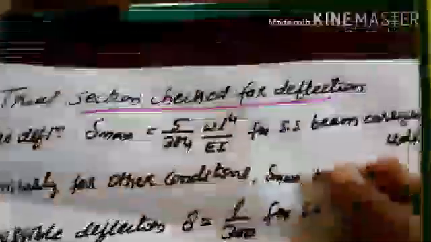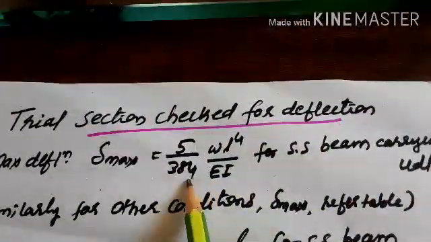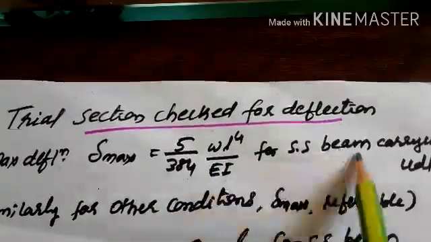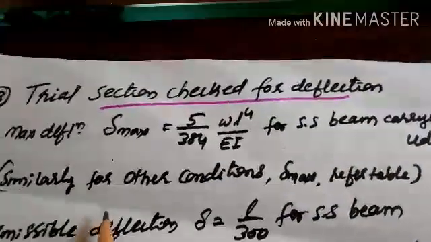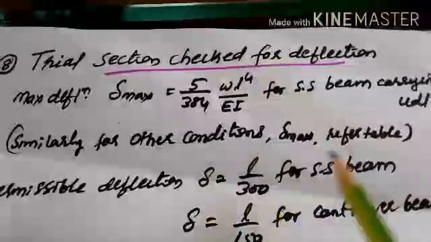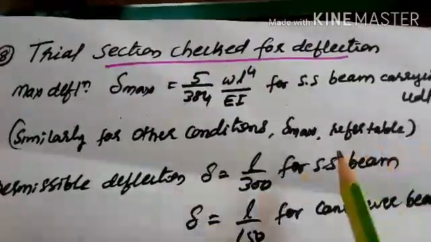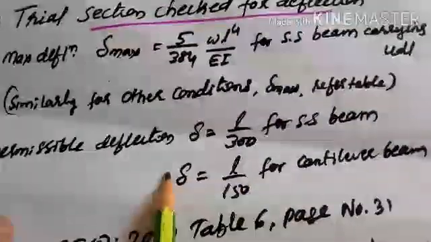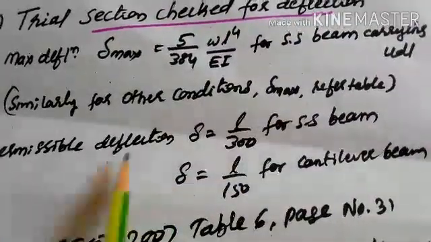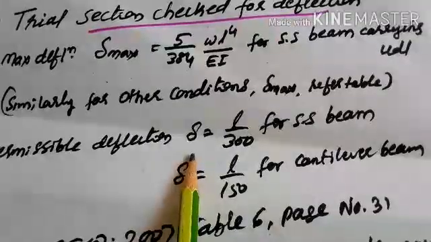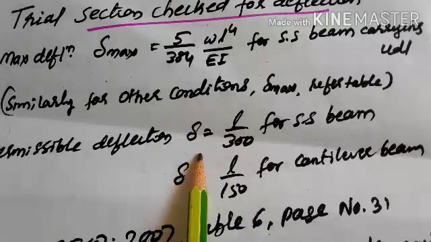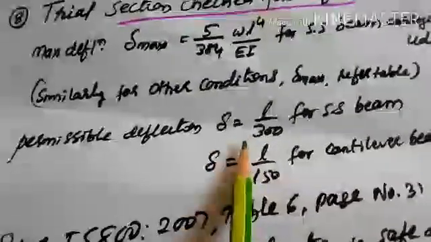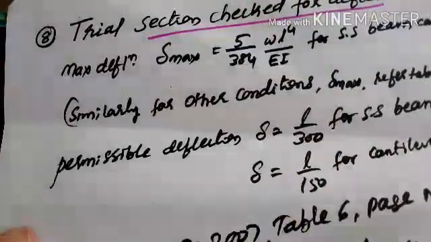In this one, I have taken a simply supported beam. The delta max can be calculated as 5 by 384 wL raised to 4 by EI for a simply supported beam carrying a UDL. Similarly, for other conditions, you can refer to the different delta max expressions. Then the permissible deflection, as per the code, is in Table number 6 on page number 31.